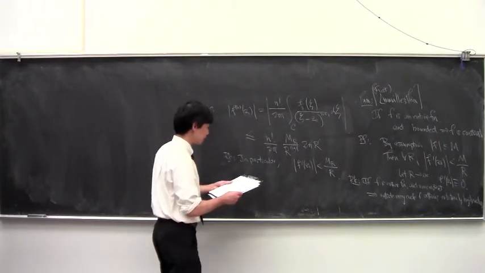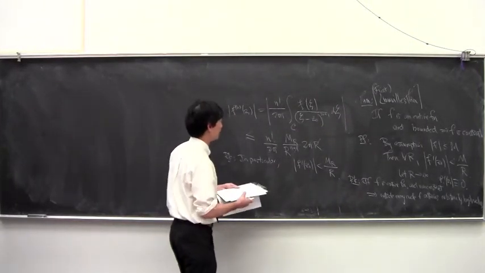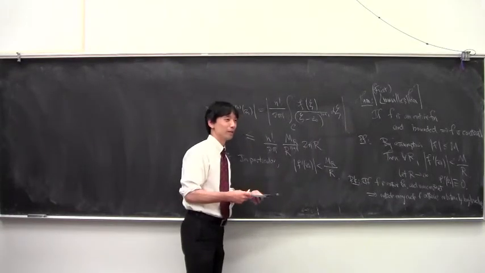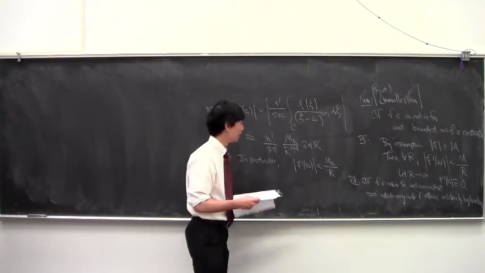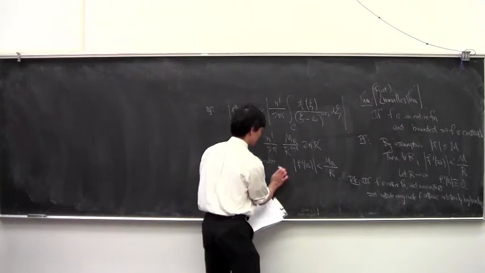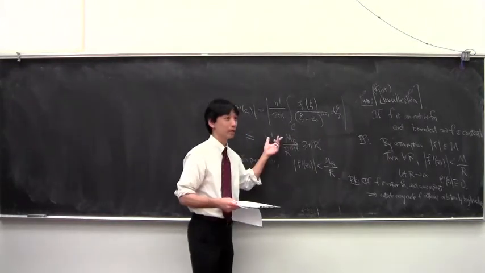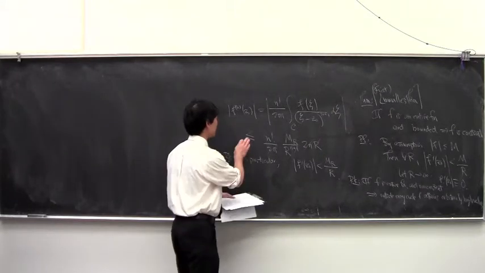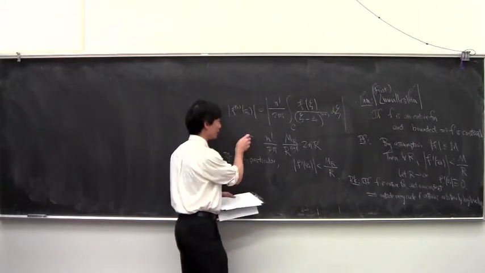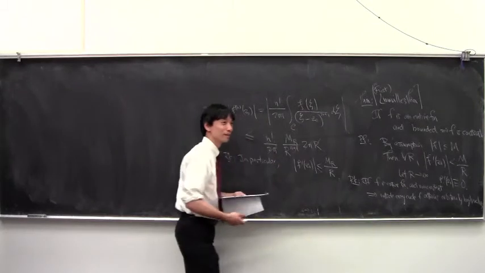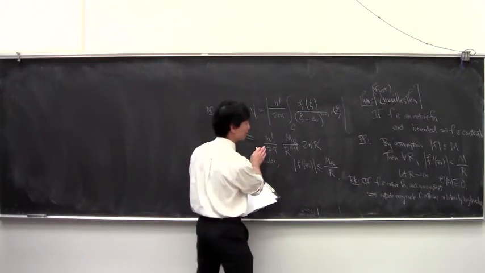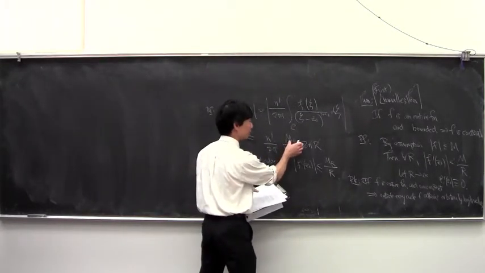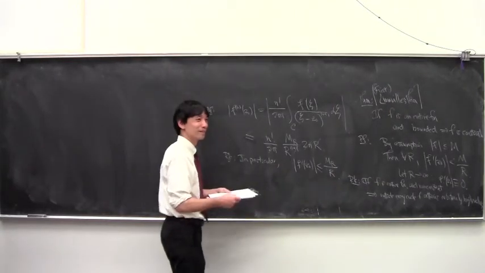M sub R was just an upper bound, so either way. I guess I should be consistent, maybe I should do it this way. But it doesn't make much difference. You can always make it a little bit bigger, and then it'll be strictly greater.